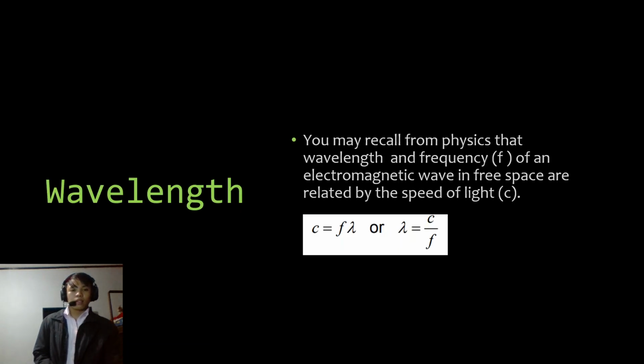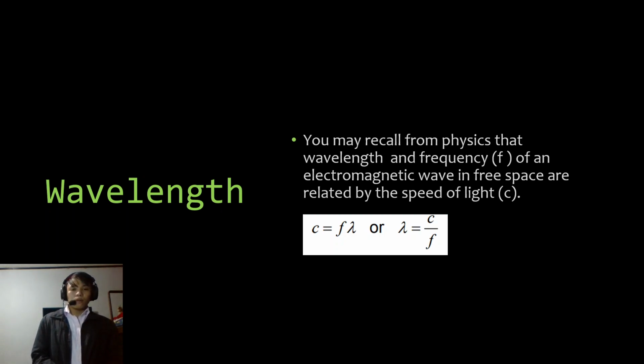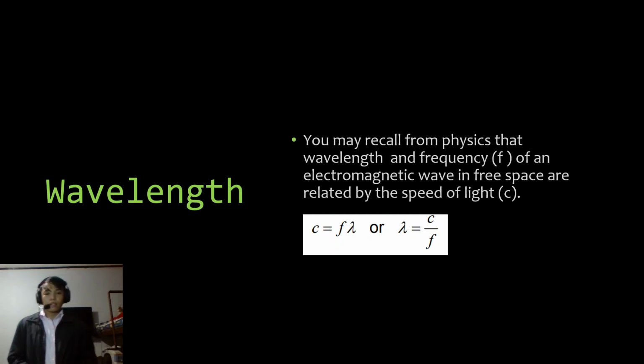So, wavelength. You may recall from physics that the wavelength and frequency of an electromagnetic wave in free space are related by the speed of light. So, it is denoted as c equals frequency times lambda, or lambda equals c over frequency.